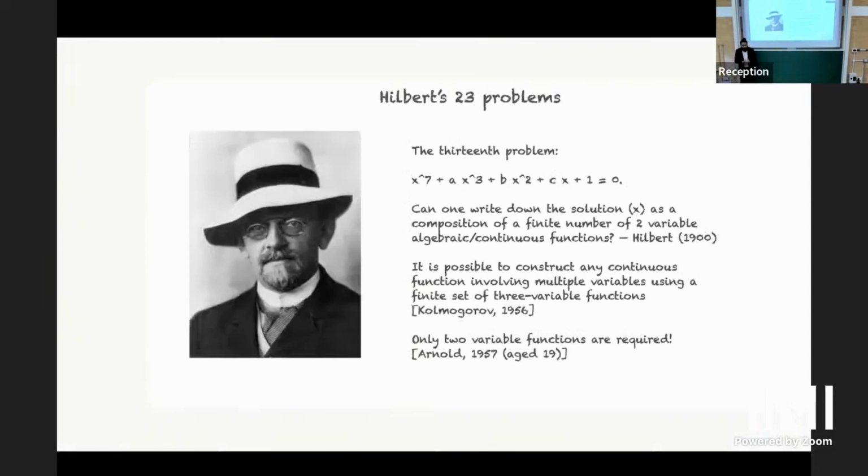So in the year 1900, David Hilbert proposed a list of 23 challenges. And the purpose of posing these 23 problems was to drive development of mathematics in mathematicians' attempt at resolving such challenges.